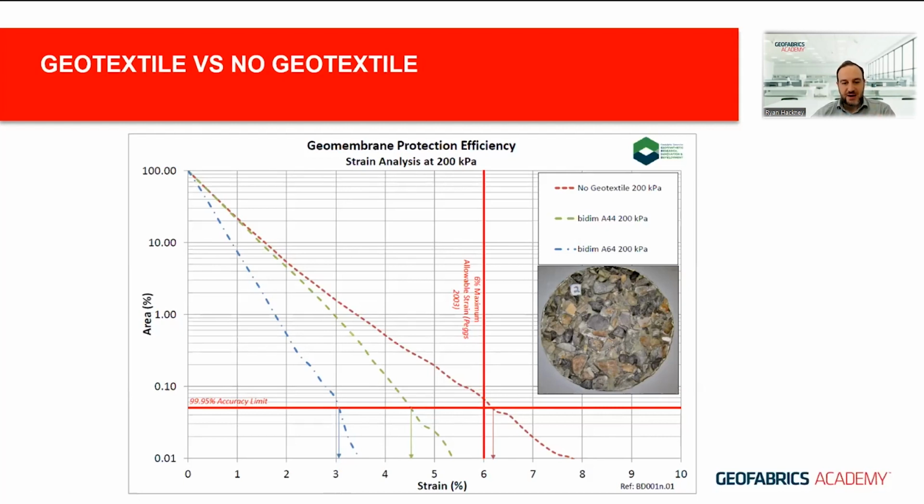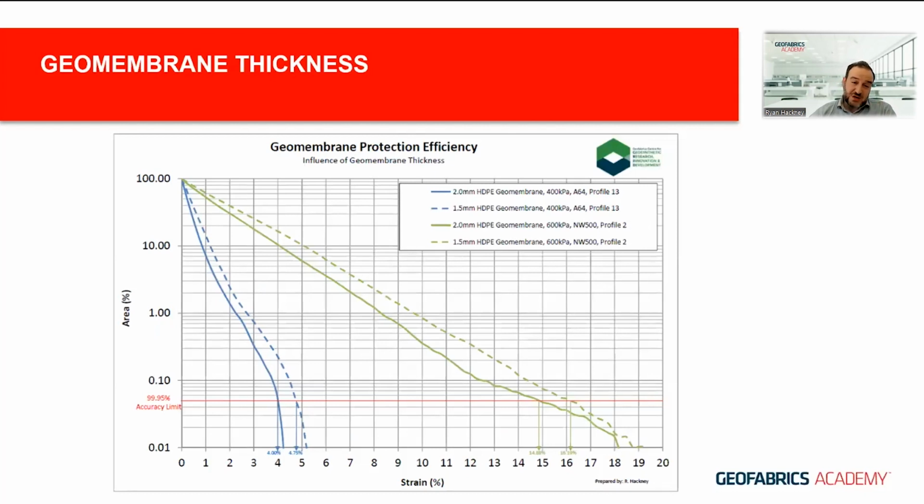They reduce strain. The geomembrane thickness, yes, given it is only a 24-hour test, there will be some changes over the longer period of time that the membrane's under stress, but over a 24-hour period, you can see that a 2mm geomembrane, which is the solid lines, compared to a 1.5mm geomembrane with the dotted lines, we measure some difference in strain between those different thickness geomembranes.